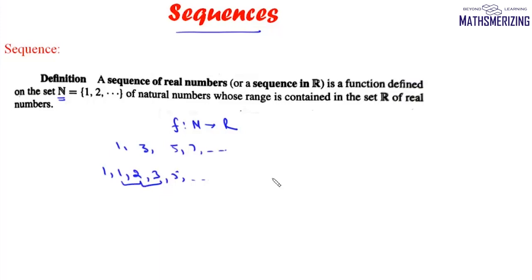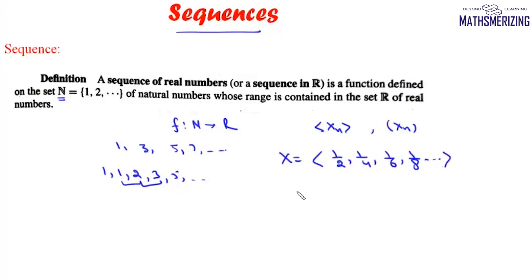Now there are many ways to define a sequence, and the most common way is either using angled brackets and writing its nth term, or using small brackets. Say for example, the sequence of reciprocals of even numbers. Then we can write the sequence as 1 by 2, 1 by 4, 1 by 6, 1 by 8, and it goes on.